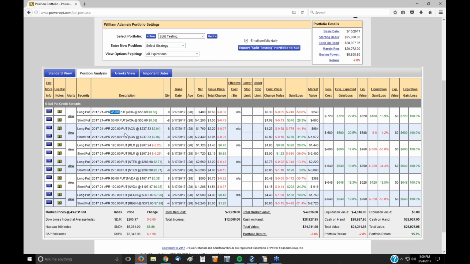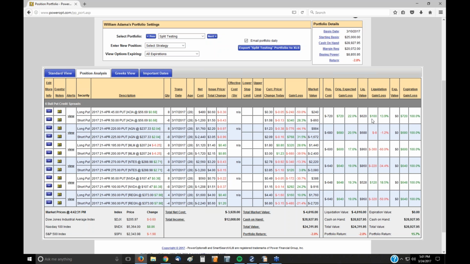And at the time the split occurs, my monetary value going in would be the same going out. What I mean by that is if right now I can liquidate this particular position for a gain of 620, if they do a 2-to-1 split, I now have 16 contracts of the 25 strike and 16 of the 22.5, and my liquidation value would still be the same.